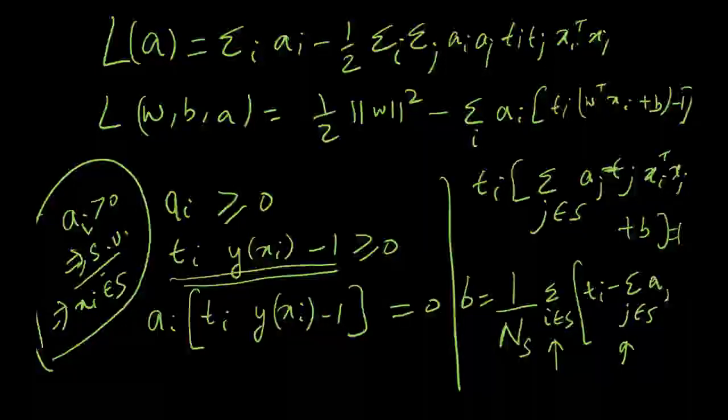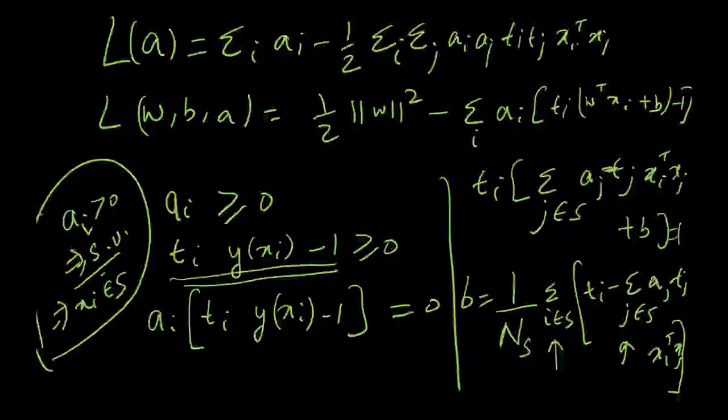So we will have a_j t_j times x_i transpose x_j, and that will be the bracket close. That will be the value of the bias b. So this basically completes our derivation of the dual form for hard SVM. This hard SVM is completely solved in terms of dot products.